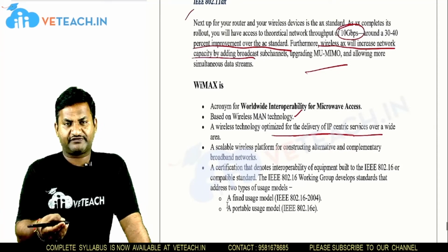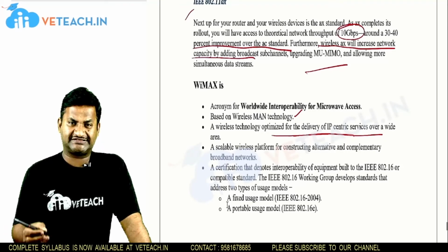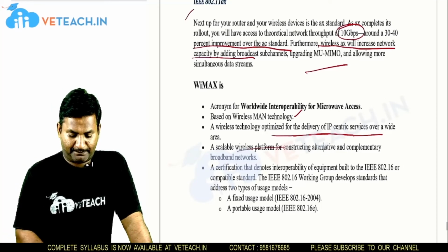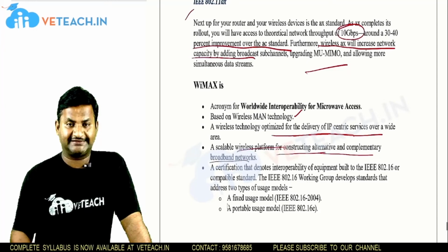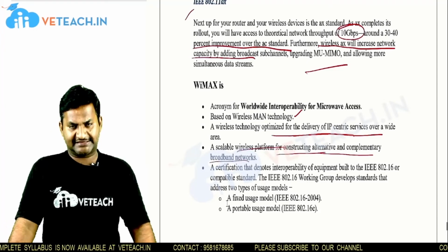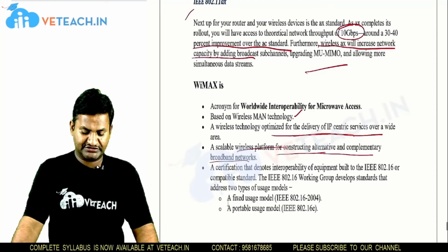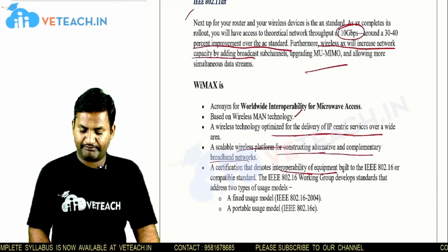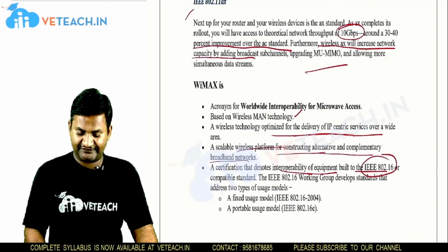Along with Wi-Fi, WiMAX is another technology used for the transmission of data over the internet. It is a platform for constructing alternate and complementary broadband networks, a scalable wireless technology. It is a certification that denotes interoperability of equipment built to the IEEE 802.16 standard, so the protocol is different.